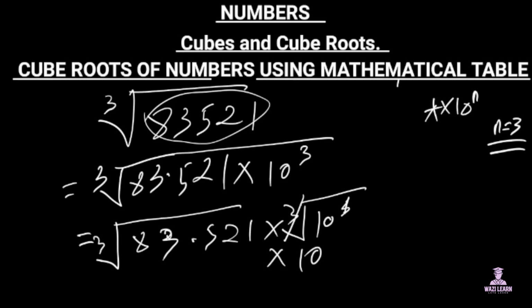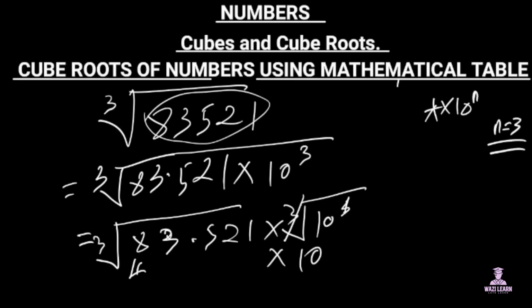So we move a step behind, which is 4.37, where we have 83.75. Now this one is still greater than our given question. So we move another step behind.